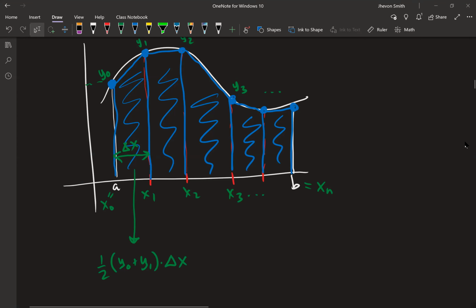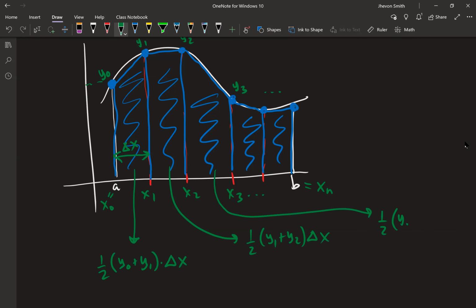Okay, and so that's how you would find the area of that one. If you find the area of this one, that would be half of y1 plus y2 times delta x. The area of this one will be 1/2 times y2 plus y3 times delta x. All right, so you can find the area of all of these individually.